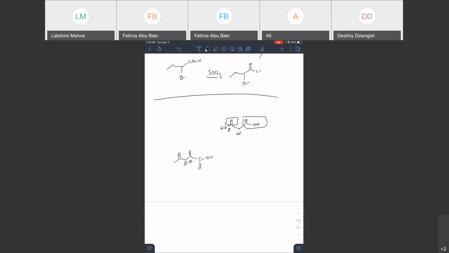The beta carbon has nothing. Wait, am I missing something? You guys are all saying A. No, I'm pretty sure A is wrong because this one doesn't have a beta keto at all. Does that make sense to you guys?